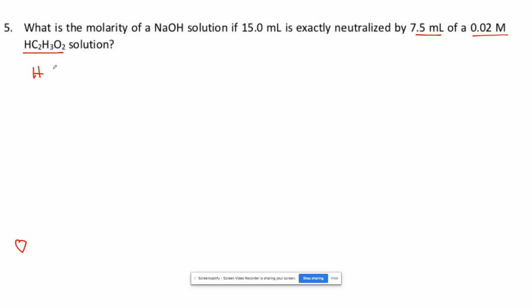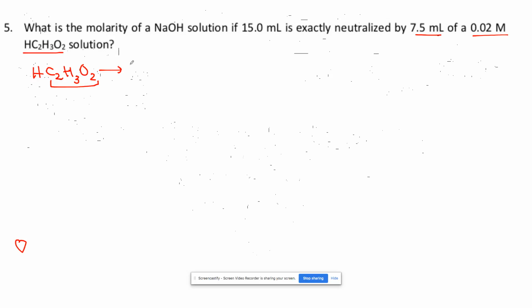Now this is tricky because I see 4 hydrogens. Is my equivalence going to be a 4? The answer is no. Why will it not be 4? Because this is a polyatomic. This is acetate. And acetate is etched in stone. You cannot change that formula.